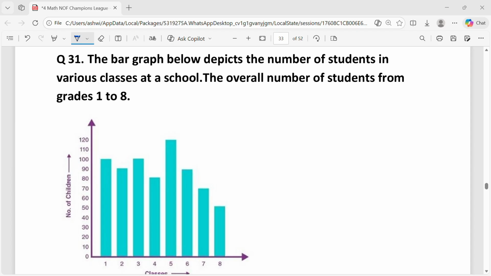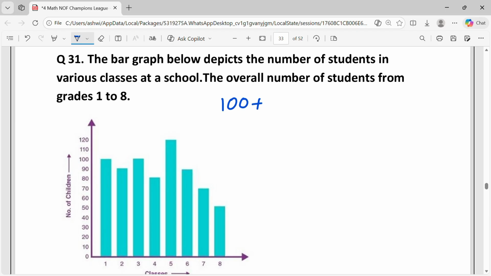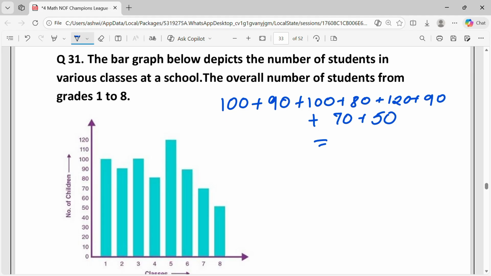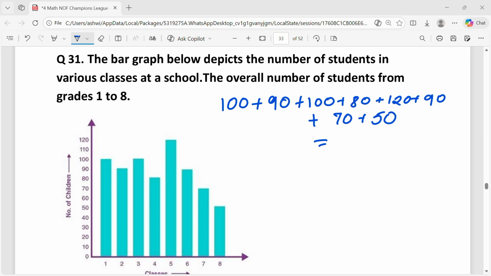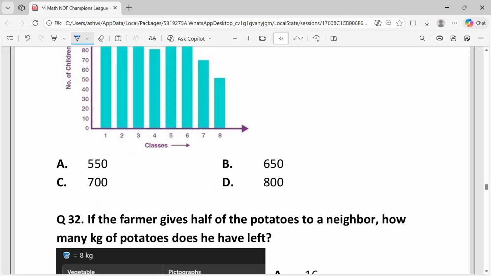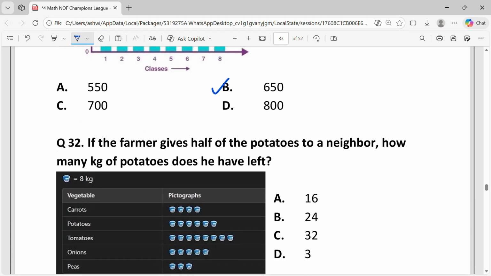That is, class 1 is 100 plus class 2, 90, plus class 3, 100, plus class 4, 80, plus class 5, 120, plus class 6, 90, plus class 7, that is 70, and class 8, that is 50. That is equal to 650. From the given options, answer is B, 650.